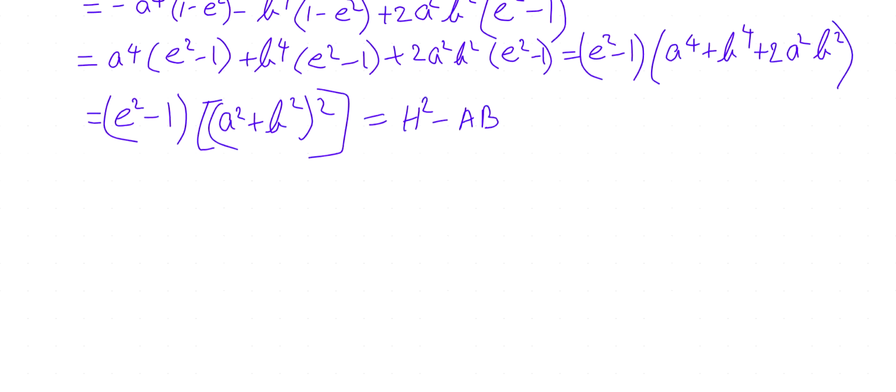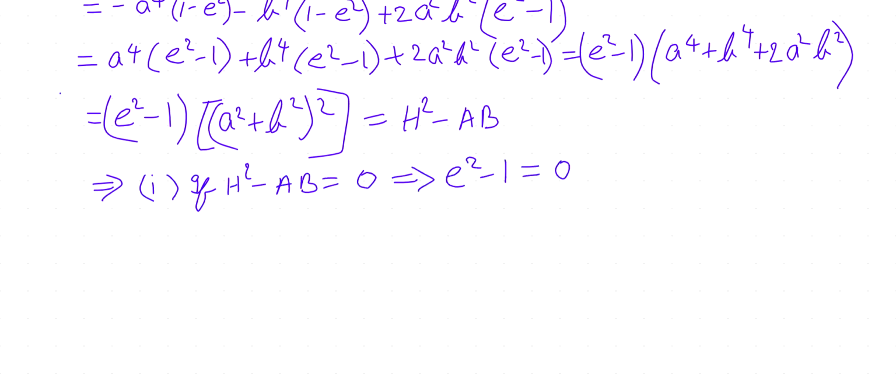So this implies three things. First thing, if h square minus ab is equals to 0, then this implies e square minus 1 is also equals to 0.